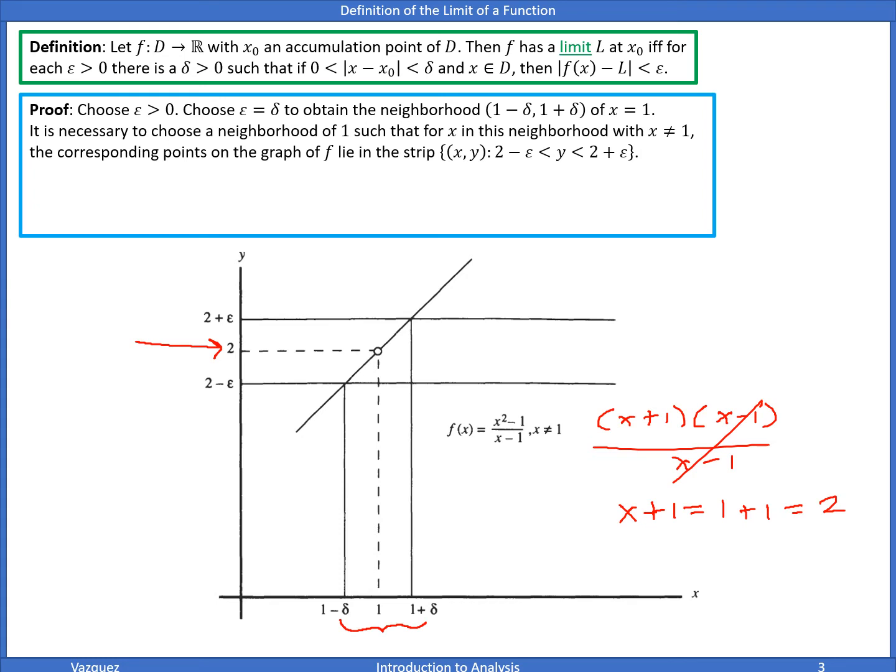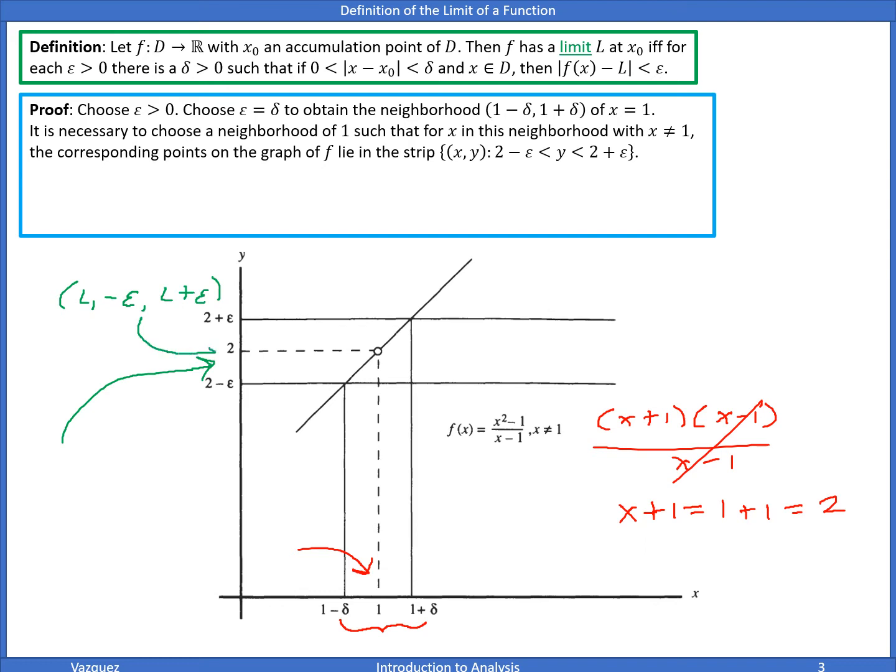Well, we have to choose a neighborhood of 1 such that for x in this neighborhood, with x not being 1, so any other point in this neighborhood, the corresponding point on the graph of f lies within this strip, an epsilon neighborhood around L. What we're guessing is 2, the limit being L. So this here is L minus epsilon, L plus epsilon.